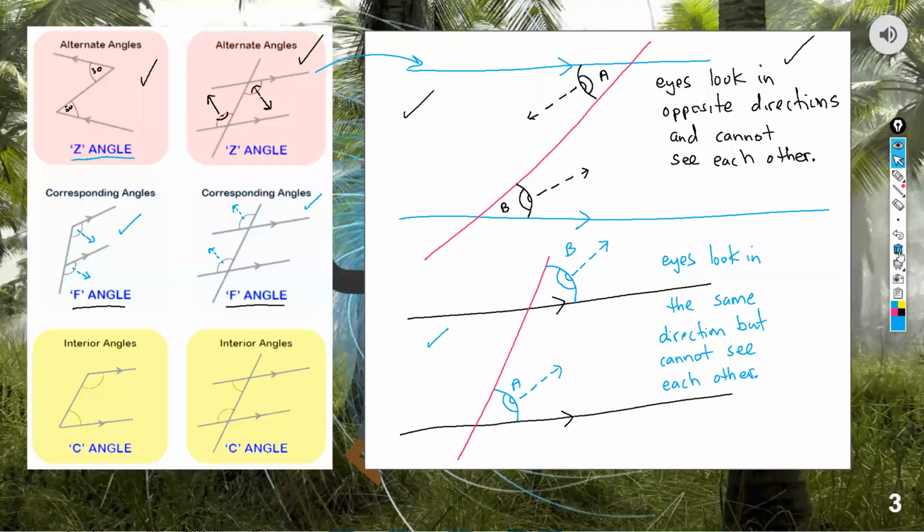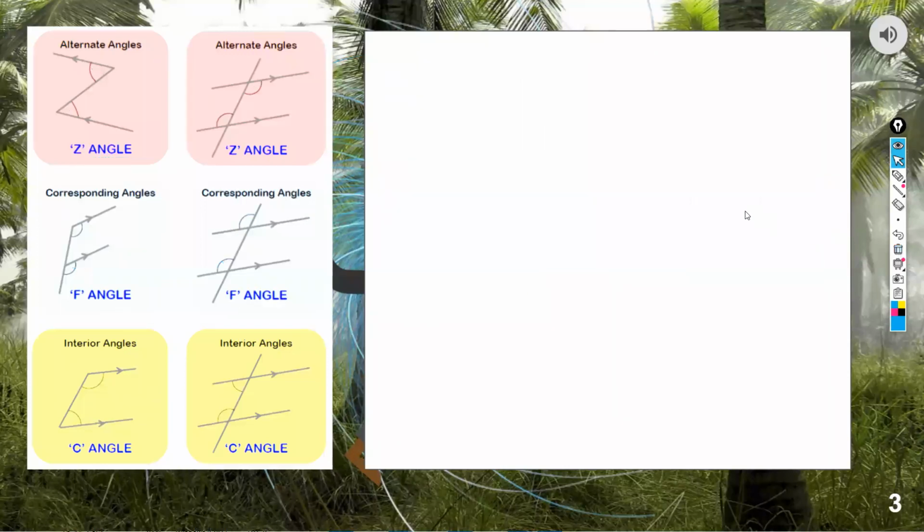All right, so let us look at the last one now. Interior angles. Once again, interior angles deal with what? Parallel lines. So I'm going to draw my pair of parallel lines and put the symbol for it. I'm going to slice them now.